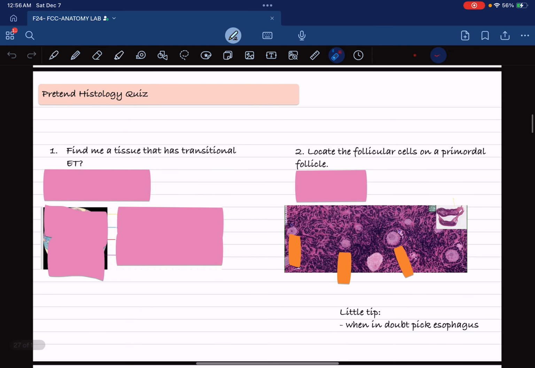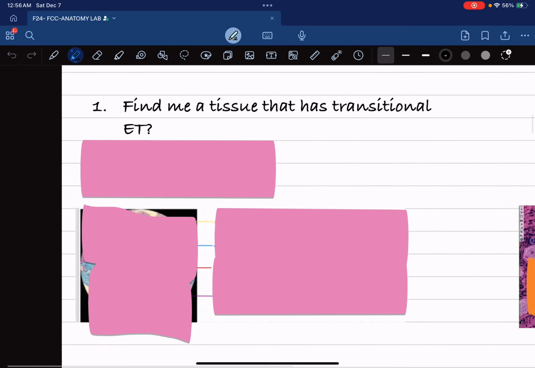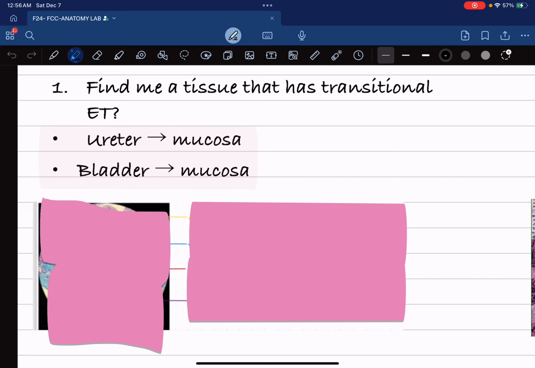Now we have a pretend histology quiz. I would like you to find me a tissue that has transitional epithelial tissue. Since we don't have much time, I'm just going to select the answers. And if you guessed the ureter mucosa, or the bladder mucosa, you would be right.